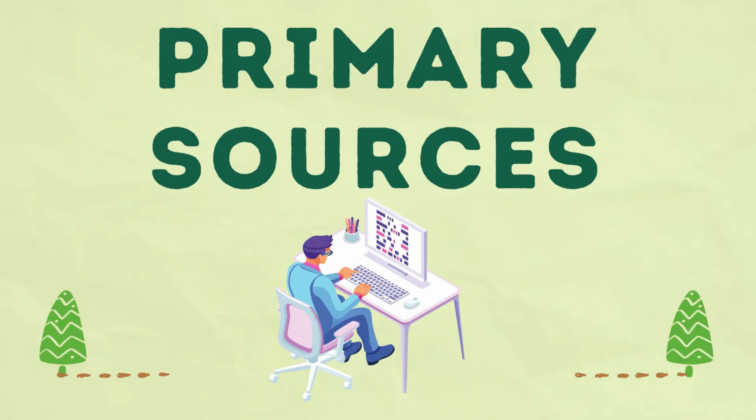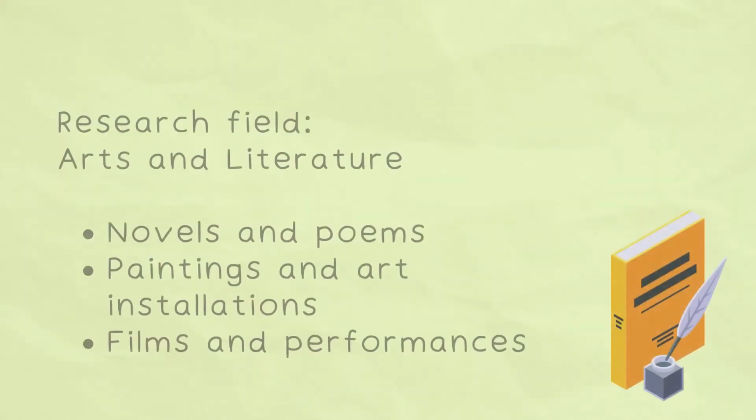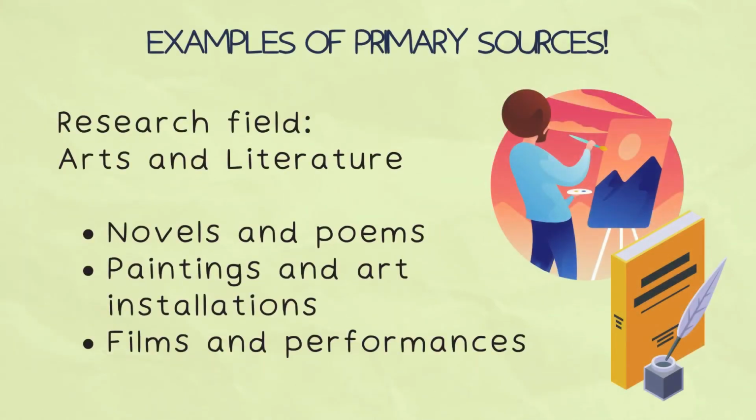As mentioned in the video, we have here primary sources. Examples: research field history, letters and diaries, photographs and video footage, official documents and records, and physical objects. Research fields in terms of arts and literature could be novels and poems, paintings and art installations, films and performances.